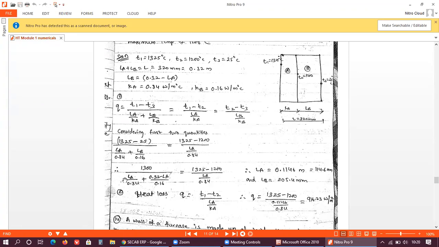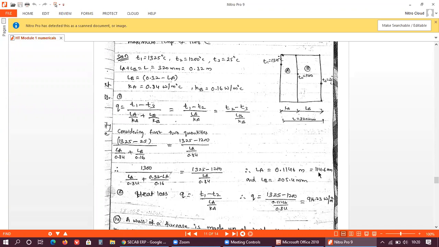So now you can see in this expression, LA is the only unknown. ये जो expression है इसके अंदर LA एक ही unknown है अभी, right? So again you have to make use of your calculators properly. Bracket वगैरह सब correct से डाल के आप लोगों को LA का value find out करना है. LA is equal to 0.1146 meters or 114.6 mm, right?